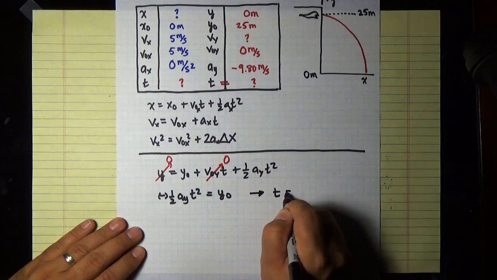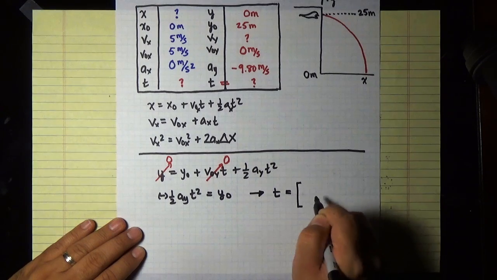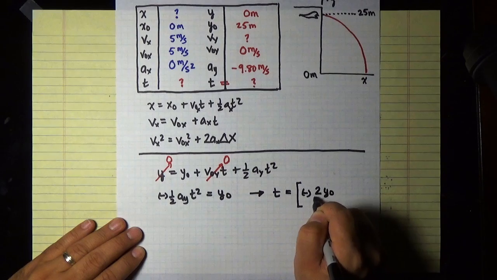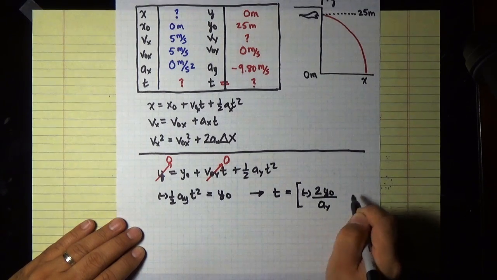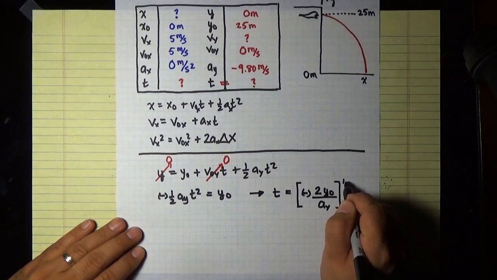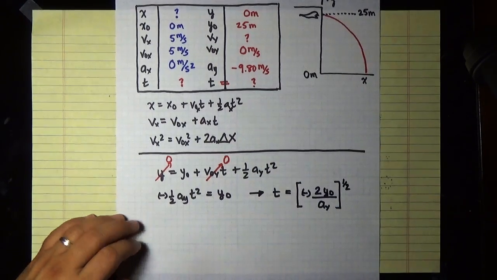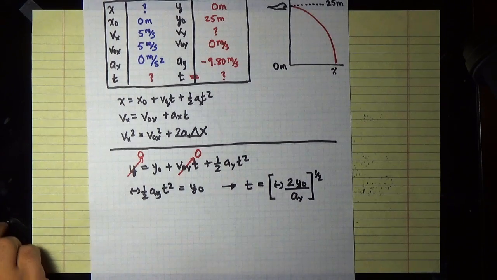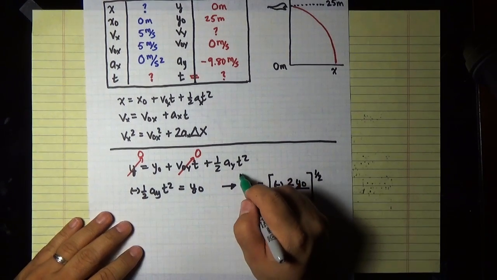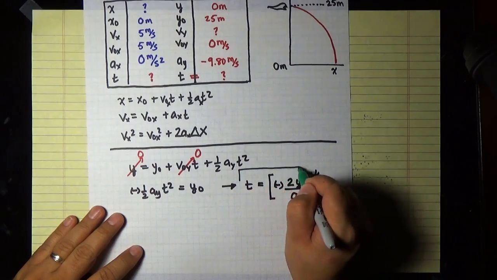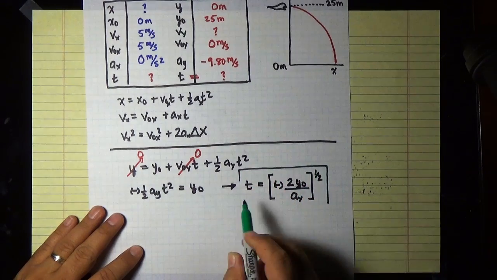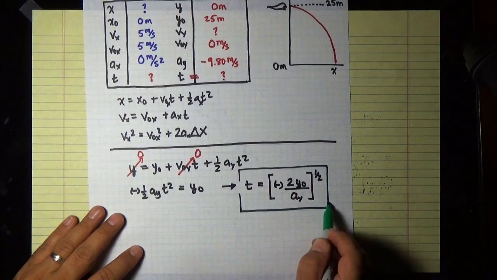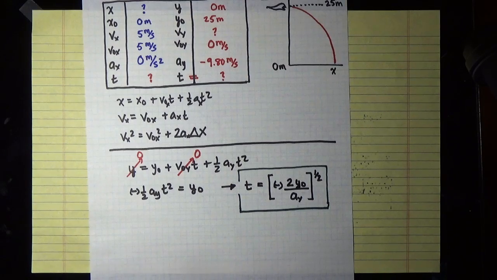that tells me that t is equal to minus 2 y naught over the acceleration in the y direction, all to the 1/2 power. Now, when you see an equation like that, you've done a little bit of algebra, and you may wonder right away whether you've done your algebra correctly. One way to check is to put some numbers in and see if the answer physically makes sense.